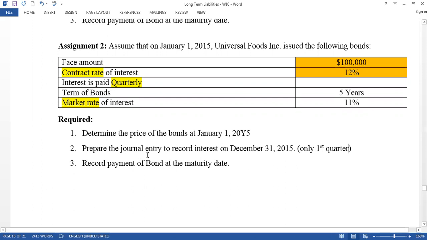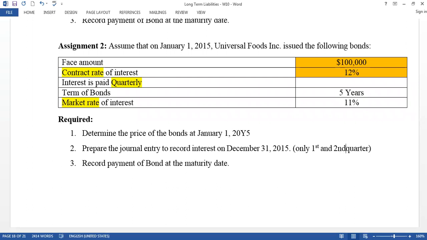I can ask you only the first quarter, or only the first and second quarter. So what is the interest expense in the first quarter, year 1? What is the interest expense of the second quarter? Same journal entry, right? Quarter 1, quarter 2, quarter 3, 4. So I can ask you only 2. And what is the journal entry at the maturity?